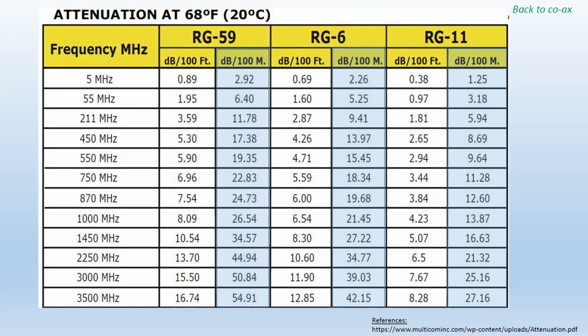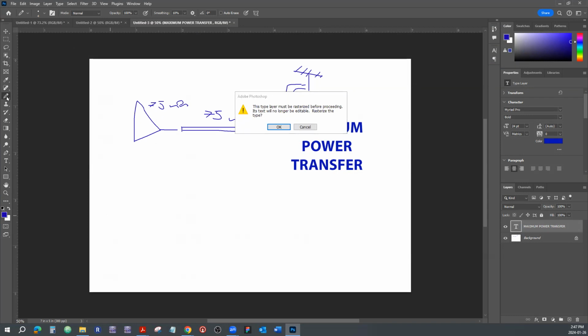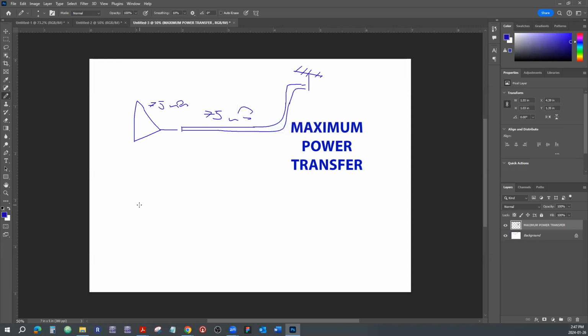So what the problem could be is, if we have an amplifier and we have a long transmission line here, that would be the RG11 to carry most of the signal. And from there, you're going to go to, let's say it's a school.